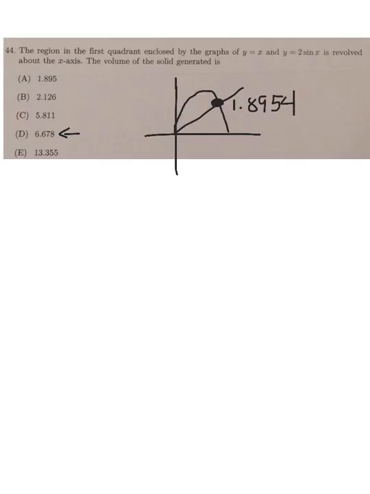What do they want? They want the volume. So we're taking that piece right there and we're revolving it around the x-axis. Okay, so volume equals pi times the integral from 0 to 1.8954 of the, now, let me just stop a second here. Hopefully you'll see that we have 2 radii, right?